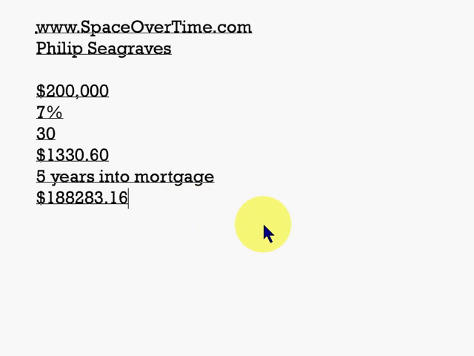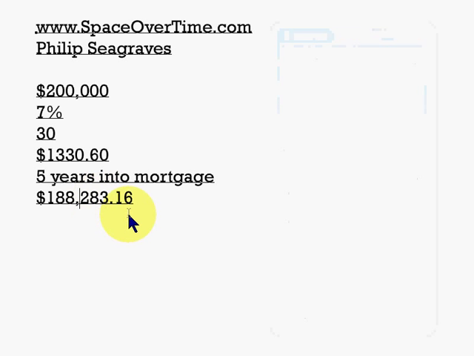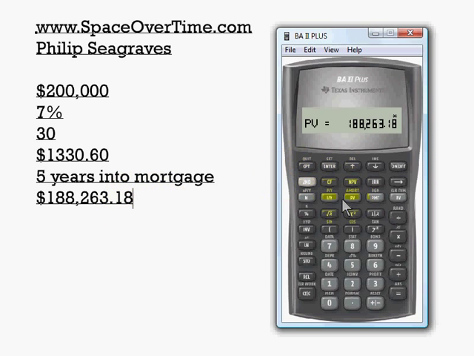I'll throw a little comma in there so it's easier to see. Oops, that's 263. $188,263.18. I got my numbers mixed up a little bit there. That'll happen.